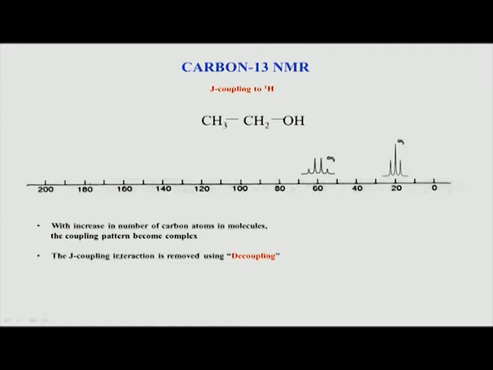We can remove that interaction. What we can do is get rid of this coupling multiplet and only get a single peak instead of a multiplet. That is possible, and the technique we use for that is called decoupling. Decoupling is basically a method to remove the J coupling interaction between carbon and hydrogens.